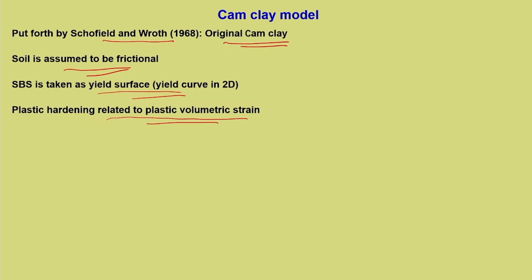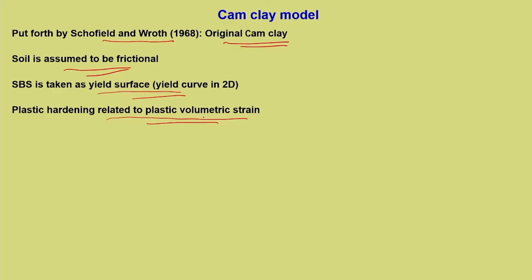Now I would be a bit cautious in using these terminologies in this particular course, because we are not discussing anything important or in depth about the plasticity behavior of soil. So here plastic hardening, the expansion of the yield curve, is basically related to the plastic volumetric strain.